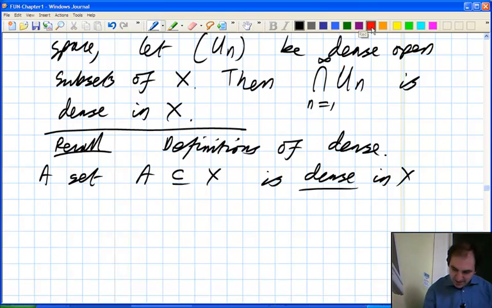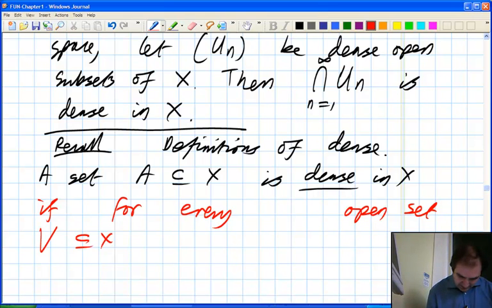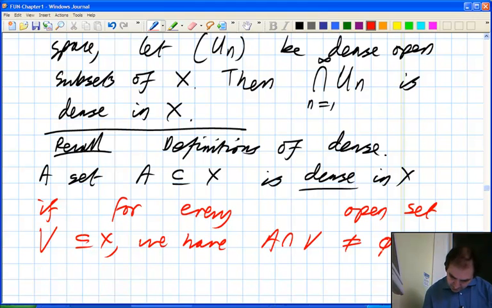It is a very important missing word, though. So it's dense in X if for every open set, what should we call our open set? We've got U's. Let's have V contained in X, we have A intersection V is non-empty.